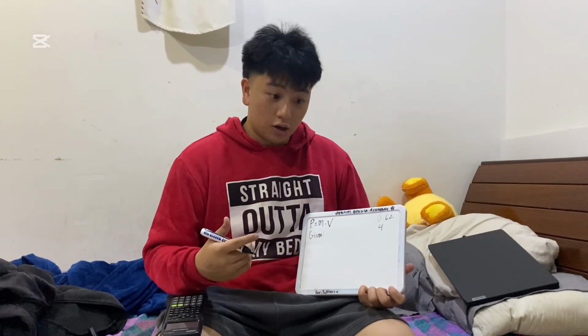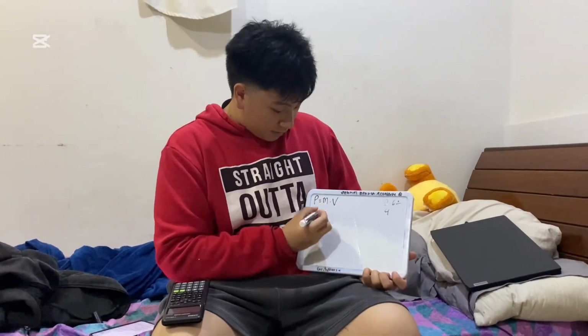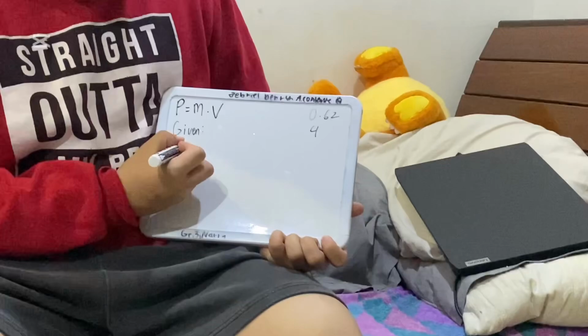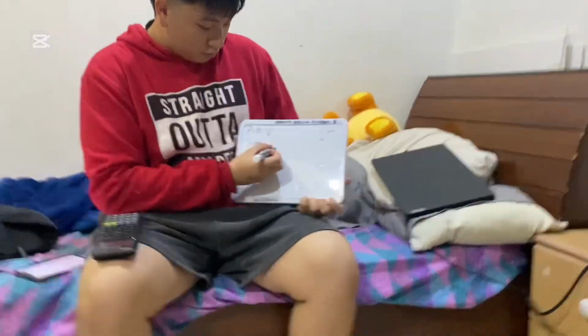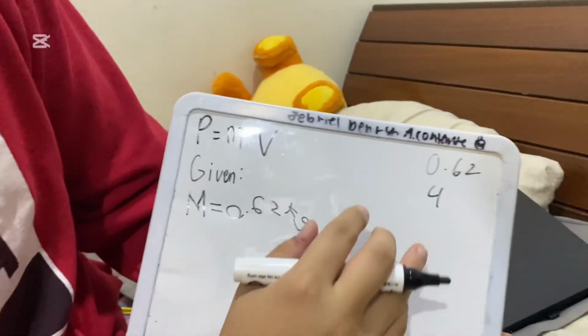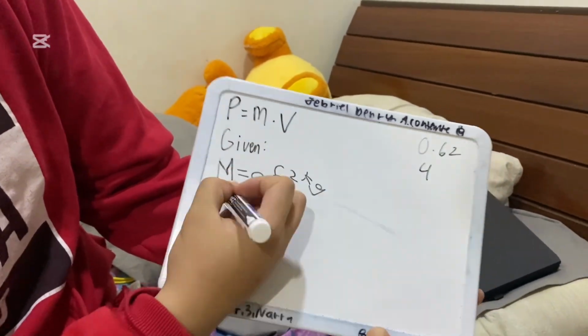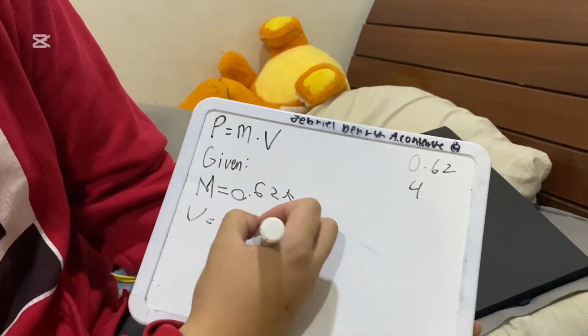For the solution, this is our formula again. Our given mass is 0.62 kg. Sorry for my handwriting, because I am tabbing it. The velocity is 4 meters per second.